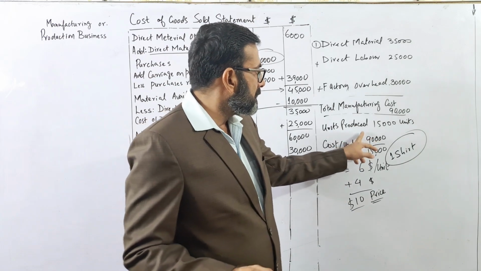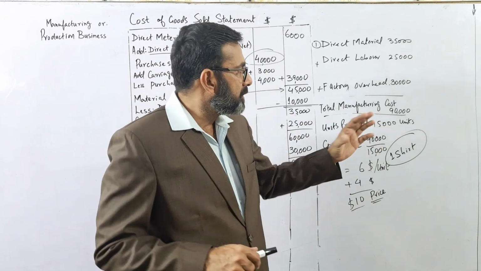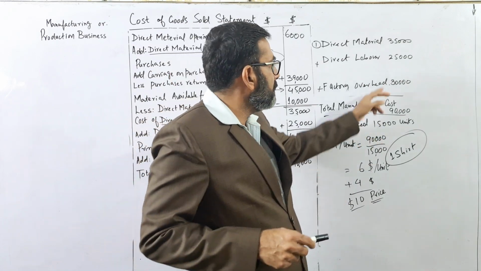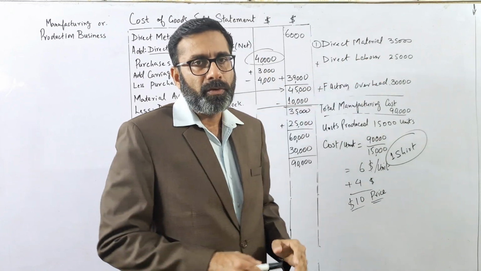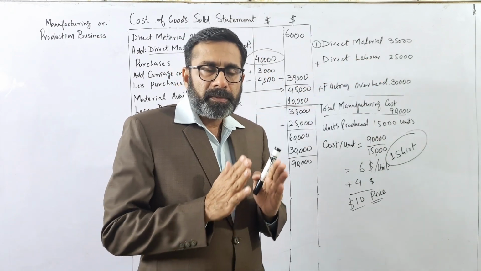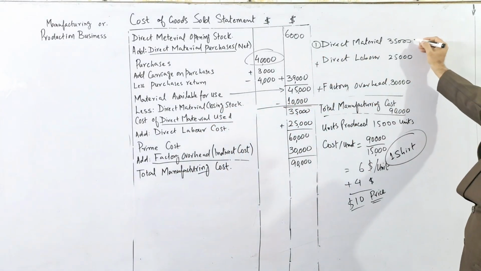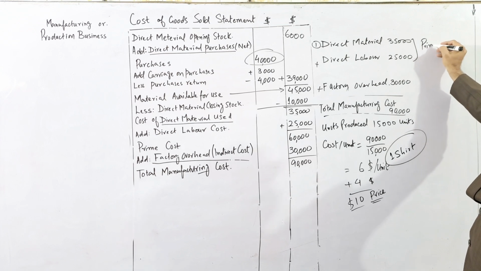This is the total cost of manufacturing. And to segregate that, if we add these two costs, that is called the prime cost.